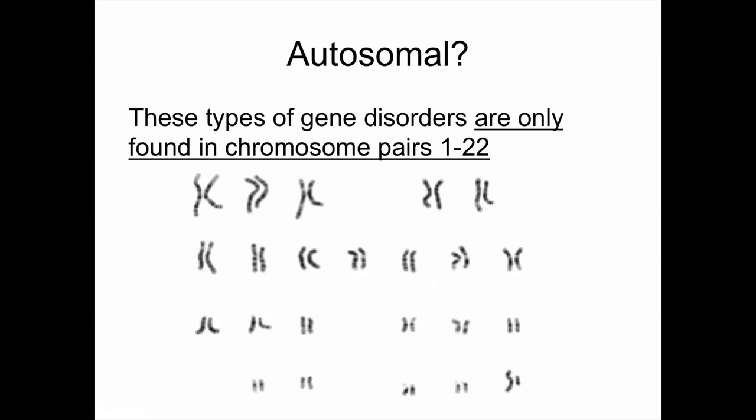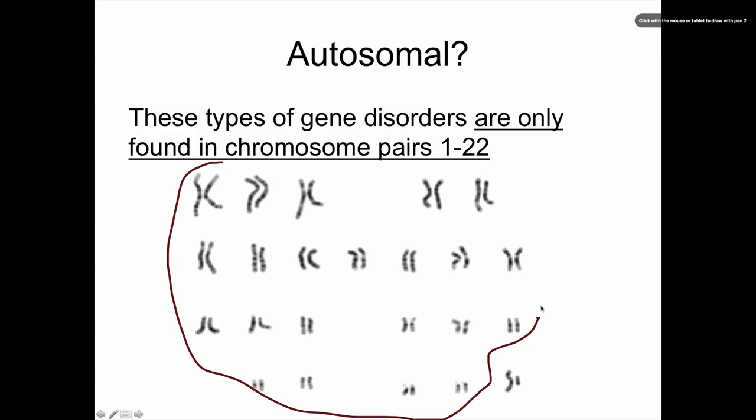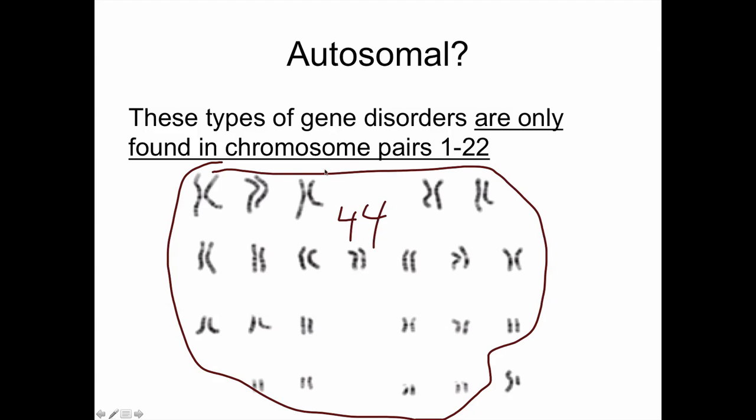So an autosomal gene disorder, which is the title of these notes here, single gene autosomal disorders, these are disorders that occur in the genes of pairs 1 through 22. Taking a look here, here is pairs 1 through 22. These are the first 44 chromosomes, the autosomes. If there's a mutation in the DNA here and here, or even just one of them, that could lead to a disorder, some sort of condition that makes it hard for a person to function.